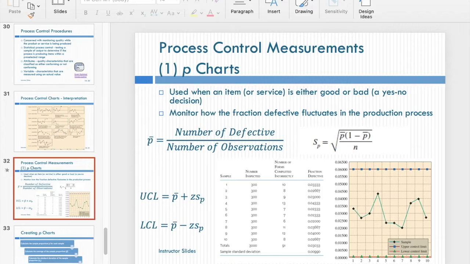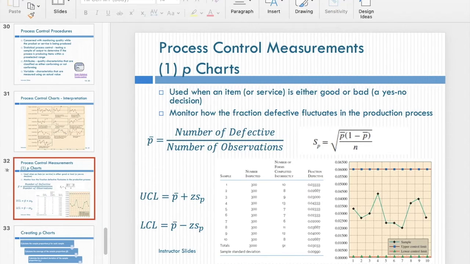Let me give you an example, which is exactly shown here to illustrate the P-chart, how we actually use the P-chart to monitor whether the product or service that we are producing or providing is either good or bad.